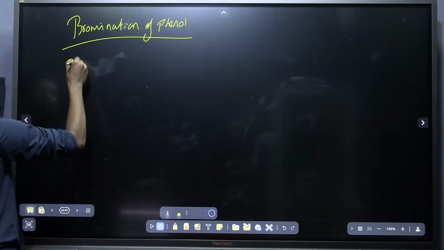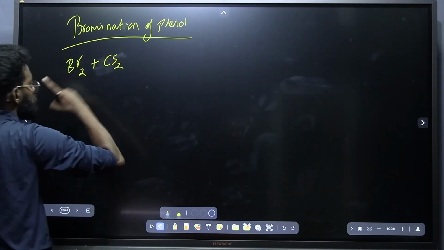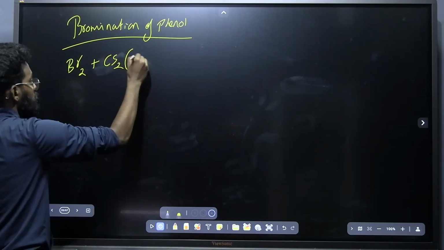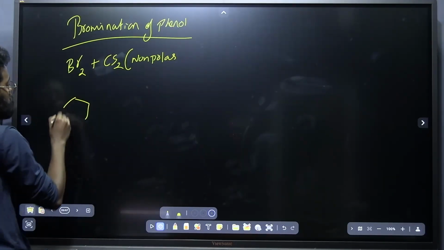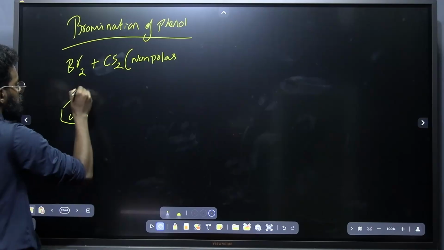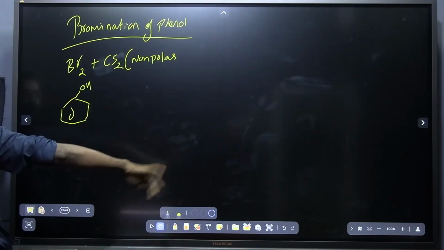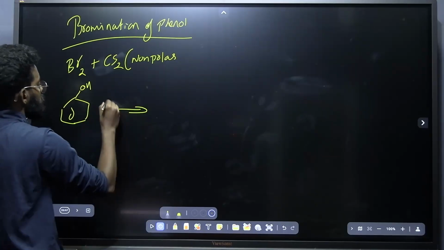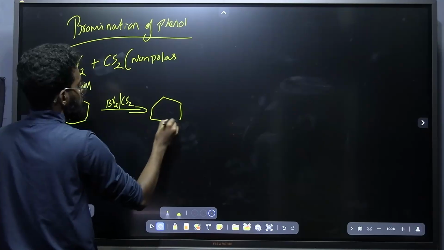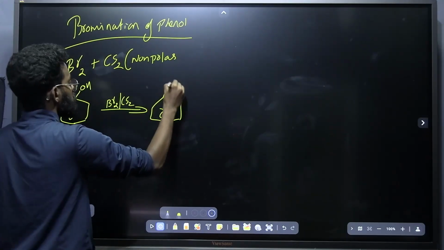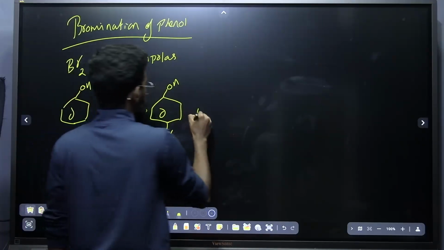Phenol can be brominated in presence of CS2, which is non-polar. Phenol is not that activating compared to NH2 and all, and if I am treating with Br2 in presence of CS2, what is the product that we are getting? We will be getting a monobromophenol.